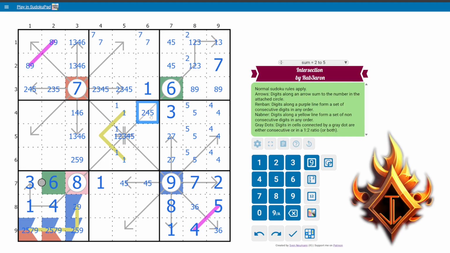This is 2, 4, or 5. So this one cannot be 5 anymore. Cannot be 3. It's 1, 2, or 4.